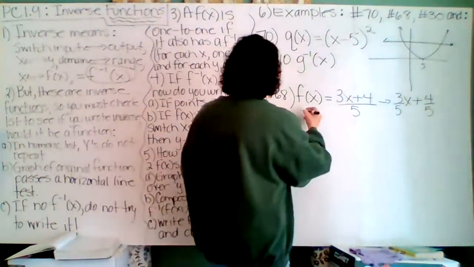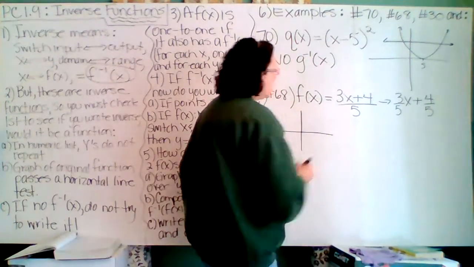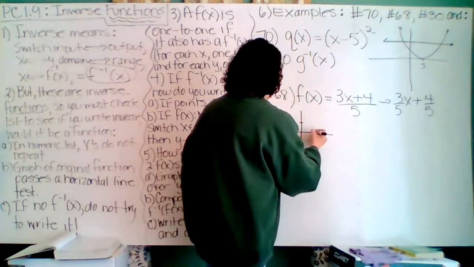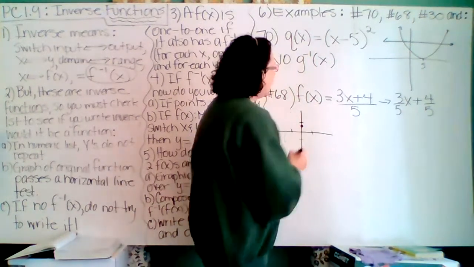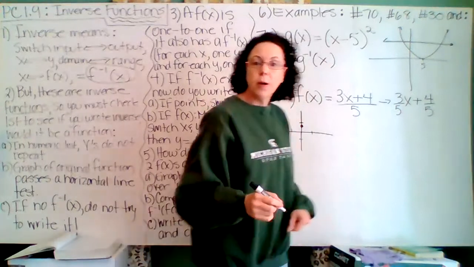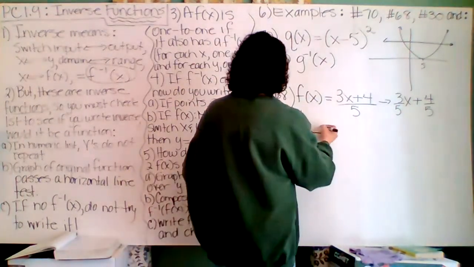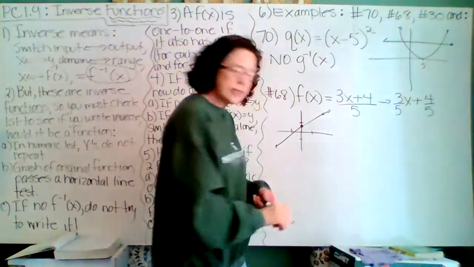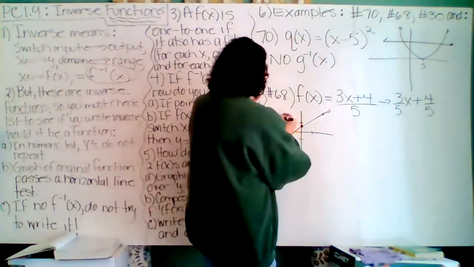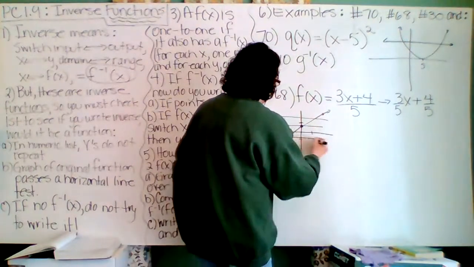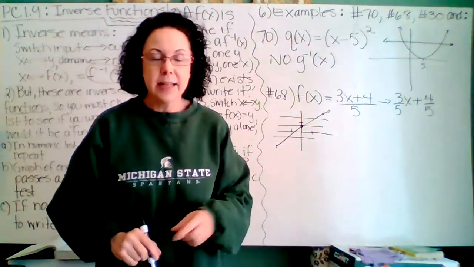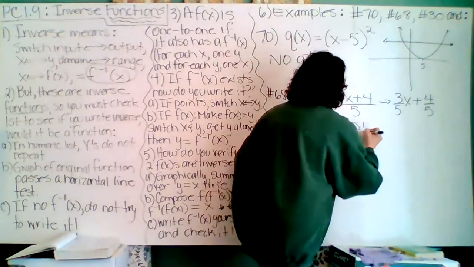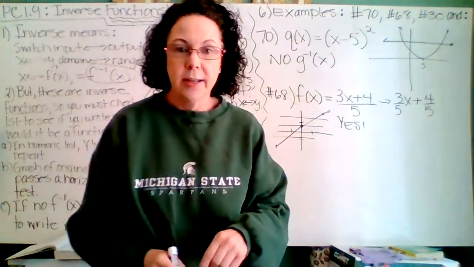And so if I graphed it, my y-intercept would be 4/5, like about right here. And then it would have a positive slope, right 5 up 3. And of course, this line you can see would pass a horizontal line test. And so, yes, it has an inverse function.